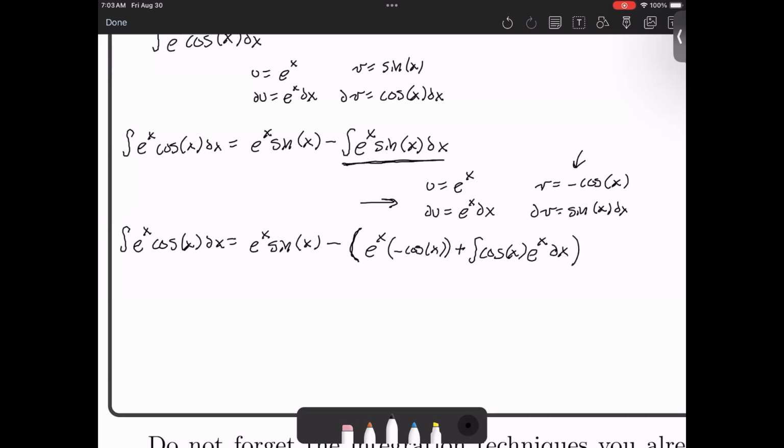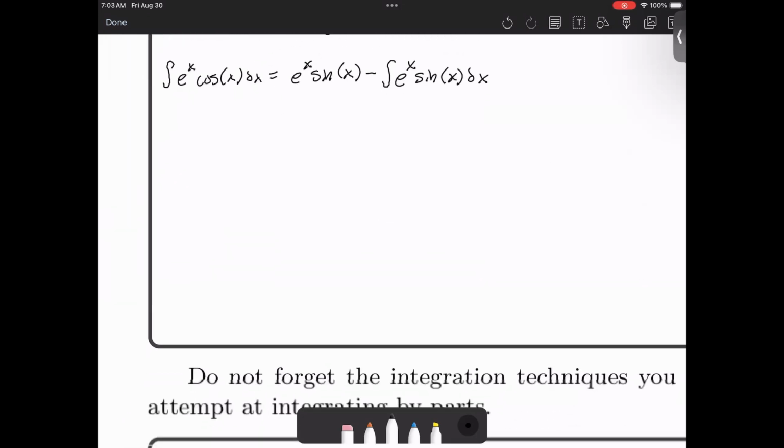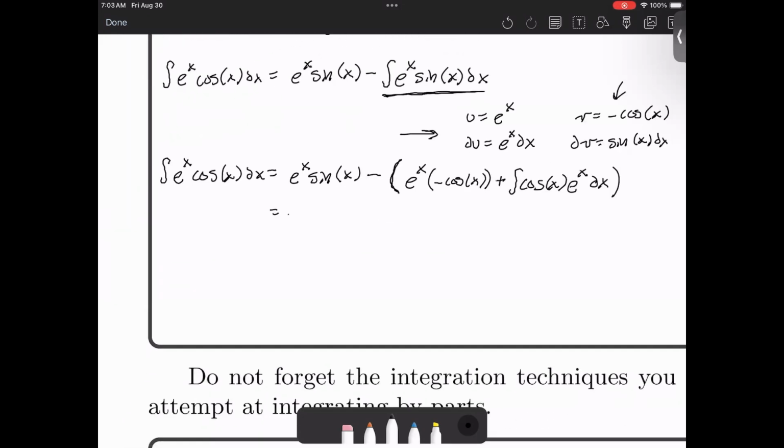Okay, let's clean that up, make sure to distribute everything correctly. We have e to the x sine of x with a plus e to the x cosine of x and a minus integral e to the x cosine x. Okay, so notice I have an integral e to the x cosine x on both sides.